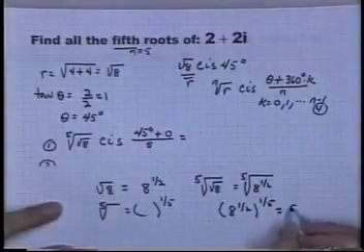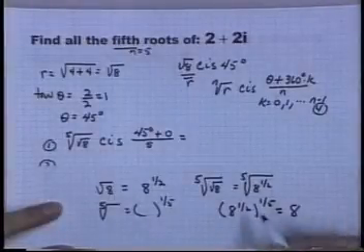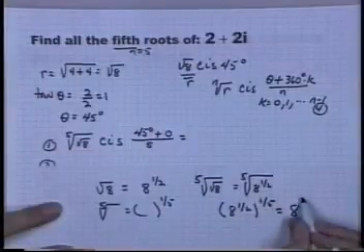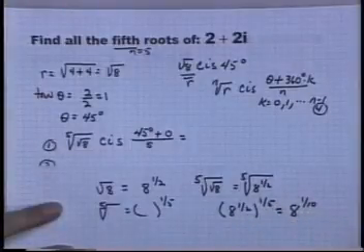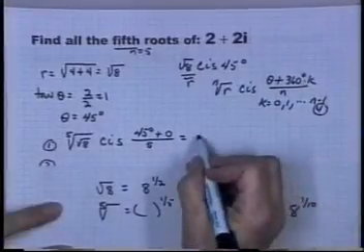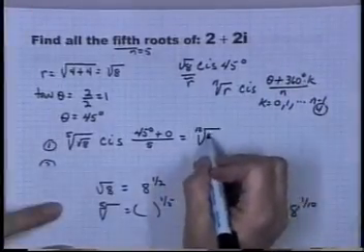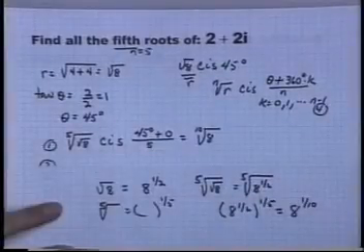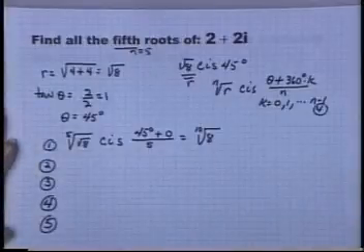And then if you remember your rules of exponents, if you have a power to a power, you multiply the exponents. 1/2 times 1/5 is 1/10. So what we're really finding is the 10th root of 8. Now we may want to get a calculator value for that in a little while, but I wanted you to see how we can simplify that radical format.